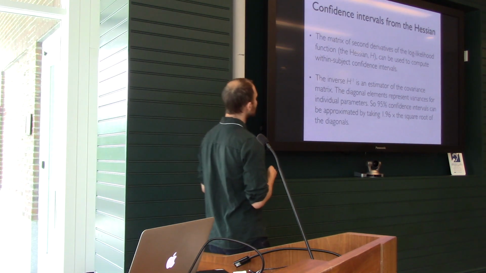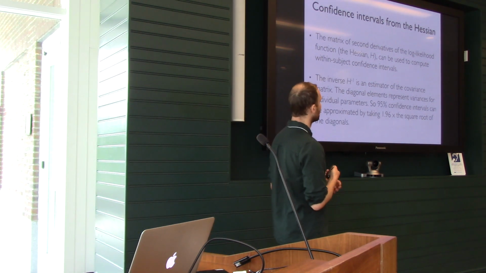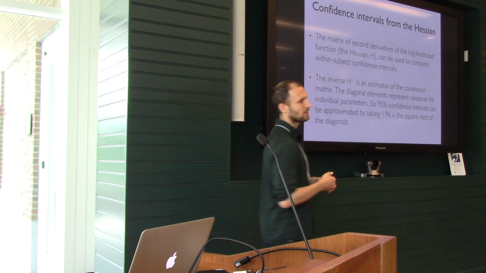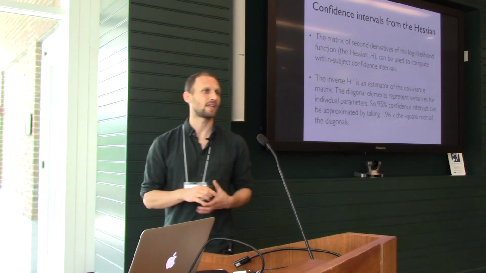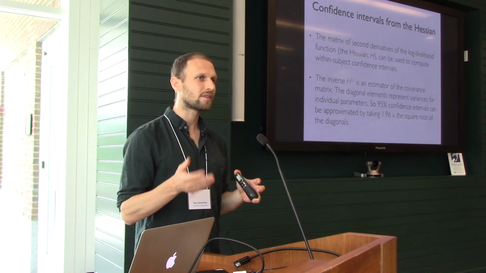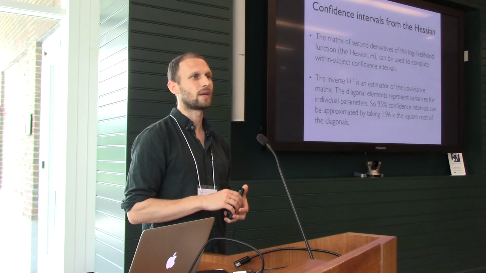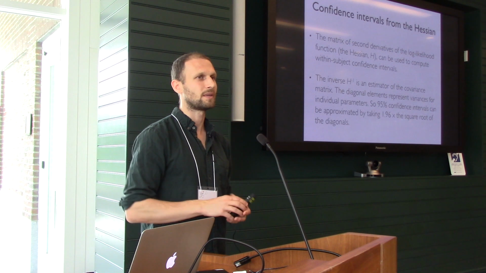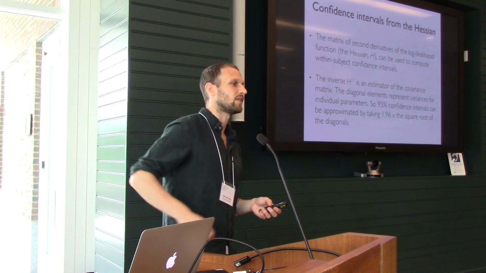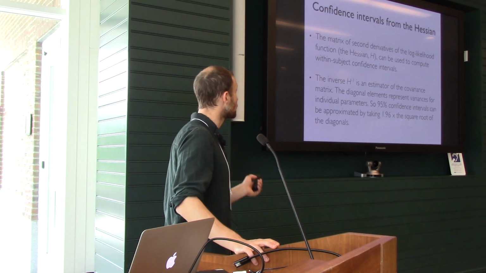It turns out that you can actually get confidence intervals from the Hessian, which is the matrix of second derivatives. And this is something that numerical optimizers like in MATLAB typically construct for you as part of their optimization procedure. So you can basically pull that out of the optimization.